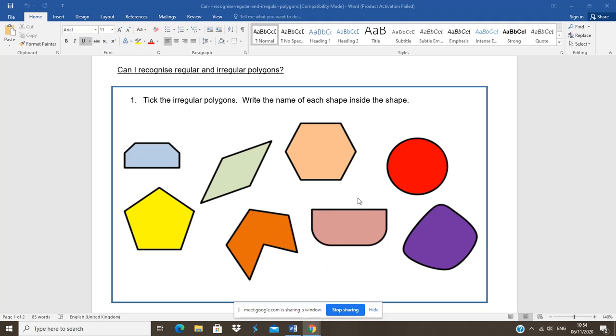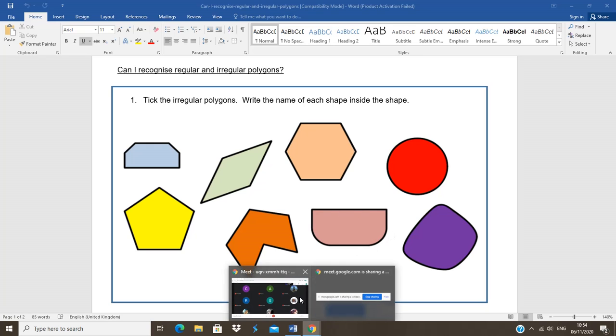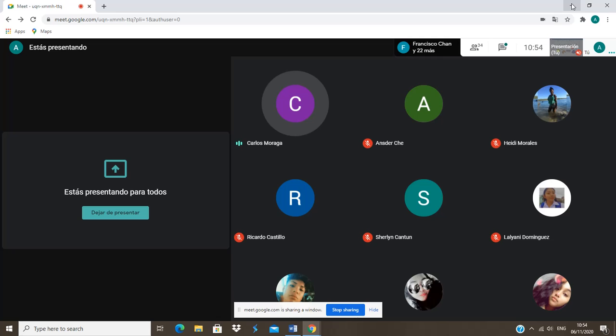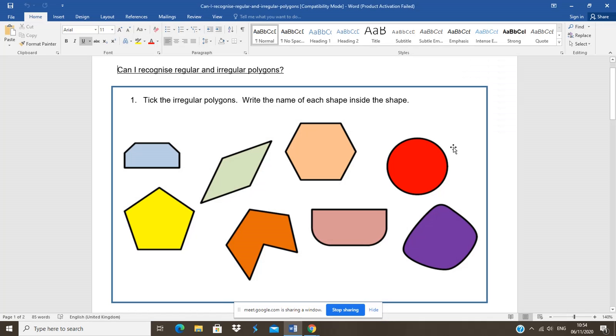Let us go to the other one, which is something like a pink color. What do you notice here on this figure? It has edges and curves. Exactly right. First thing you need to notice is that it has two edges that have curves.